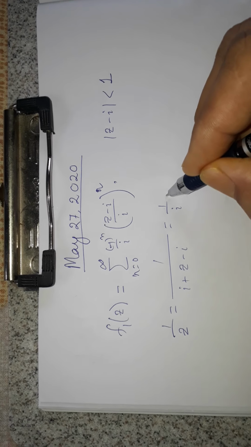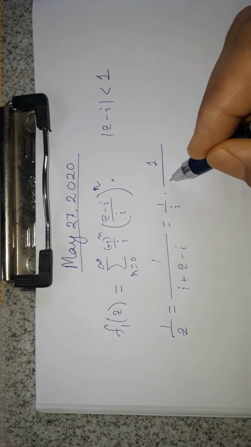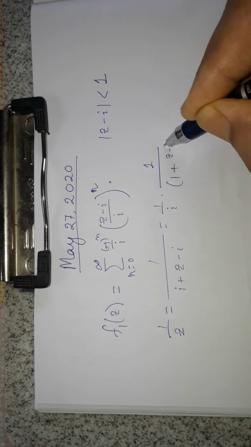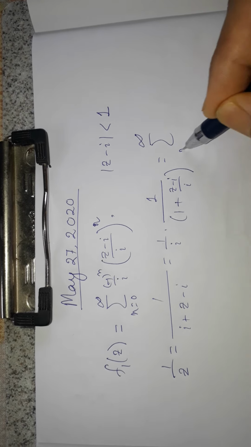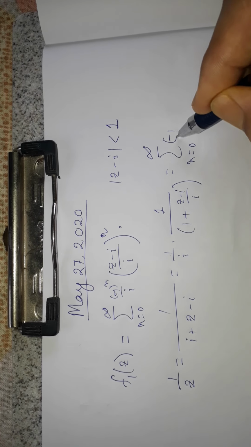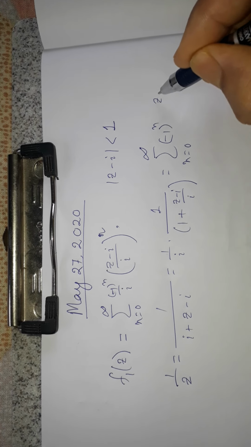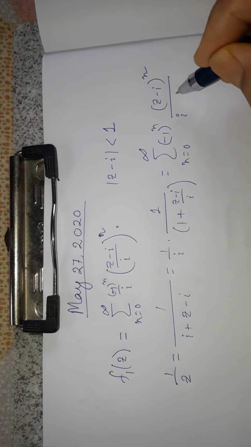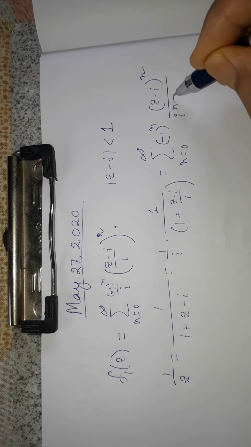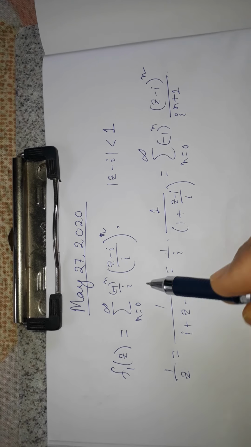So it is 1 over i times 1 over (1 plus (z minus i)/i), and if I expand it, this is the sum from n equal to 0 to infinity of (minus 1)^n (z minus i)^n, and with another i there, it is i^(n+1). So this is the same as f1(z).